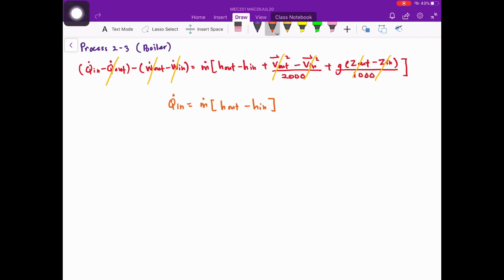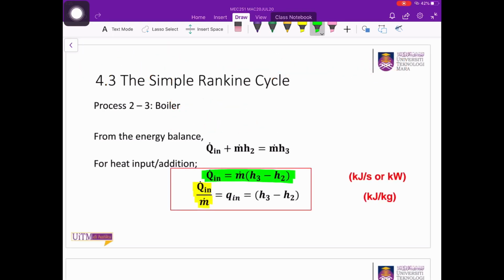Our steady flow energy equation will now become this expression. If we divide by the mass flow rate, we are going to have this expression. Note that Q.in equal to m dot times H3 minus H2 will give us the unit of kilowatt or kilojoule per second. Meanwhile, Qin equal to H3 minus H2 will give us the unit of kilojoule per kilogram.